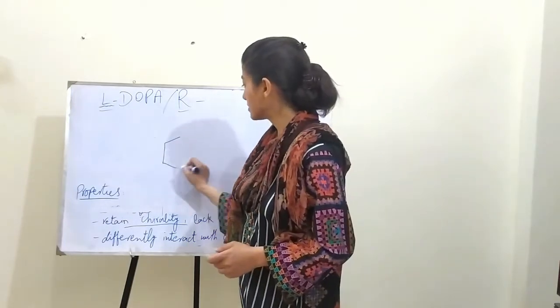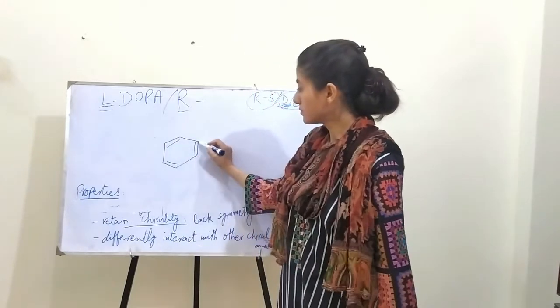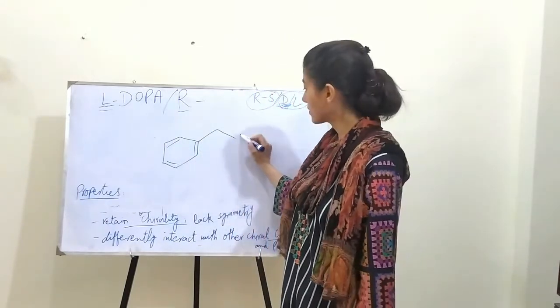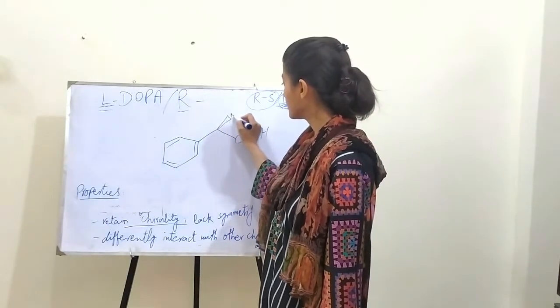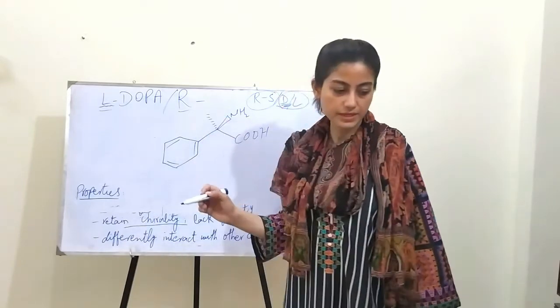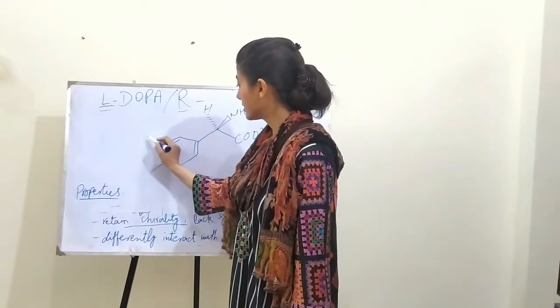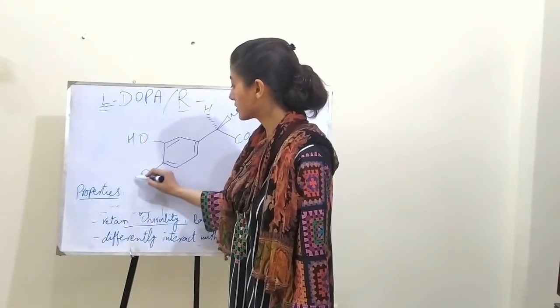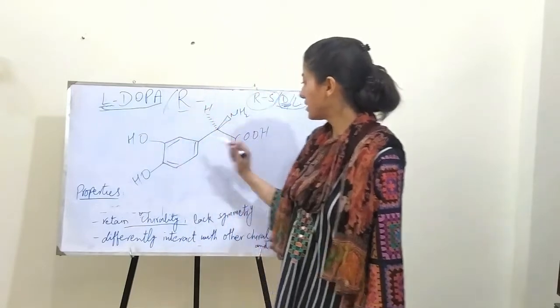So its structural formula is like this one. COOH, it is NH2, here it is H, and here it is attached with a hydroxyl group. So this is the formula of L-dopamine.